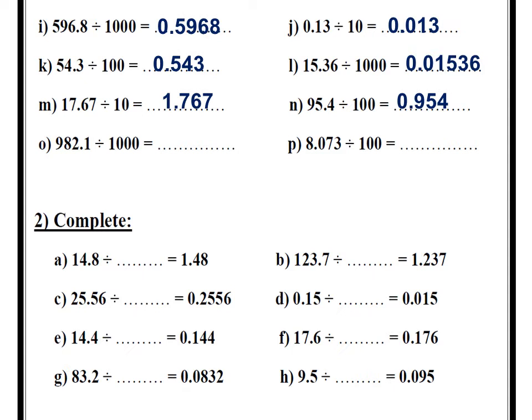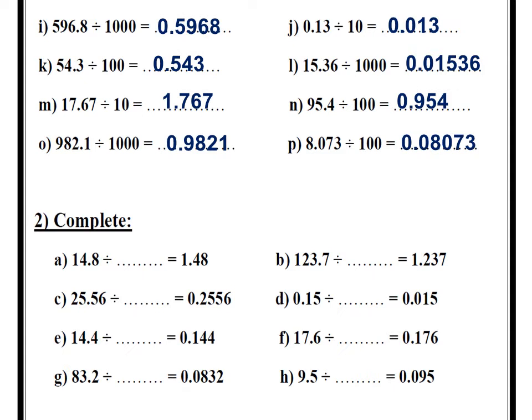O, 982.1 divided by 1000, 3 steps, so my answer is going to be 0.9821. P, 8.073 divided by 100, 2 steps, so 0.08073, where there is going to be an empty space which I'm going to fill up with a 0.